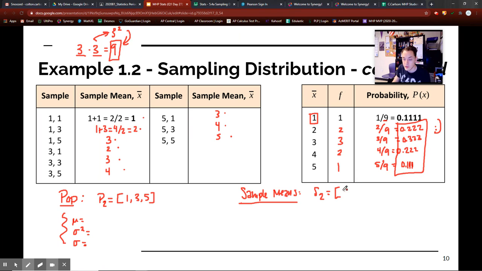I have 1, 2, 3, 2, 3, 4, 3, 4, and then 5. So I have 9 numbers, and I just got them from right here. I also want to find my mean of the sample means, the variance of the sample means, and the standard deviation of the sample means. How do I find those numbers?